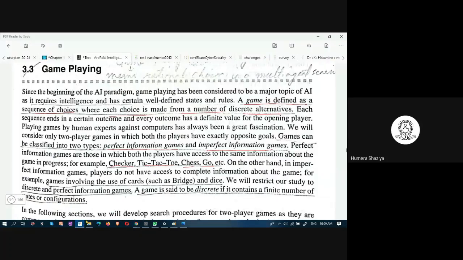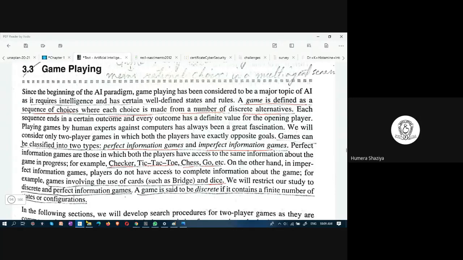For example, if we have dice games, when you look at the dice game, when you roll the dice the next time, you will not know what number will come up on the dice.